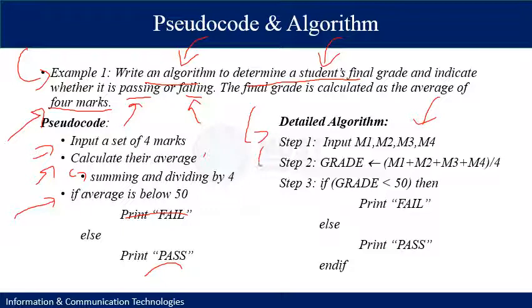The next task is to calculate the grade, and we can calculate the grade by adding the 4 numbers and then dividing the sum by 4. Then we check if that grade is less than 50, we print fail, and if it is not, we print pass.